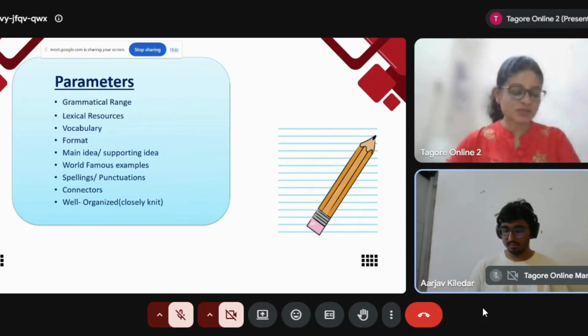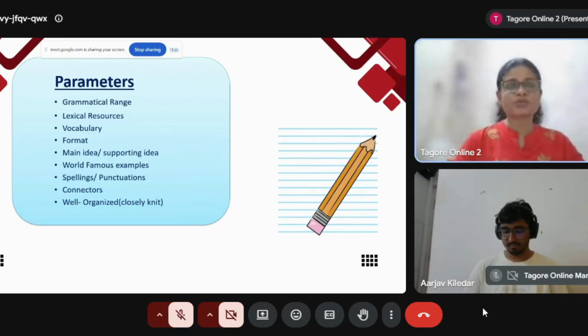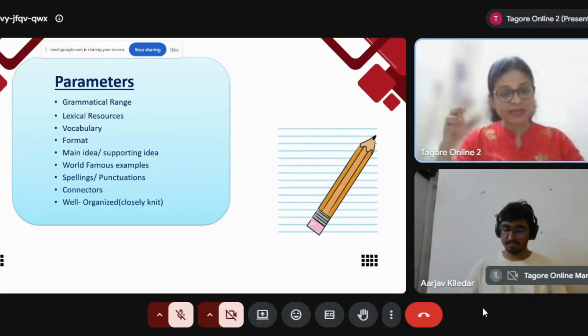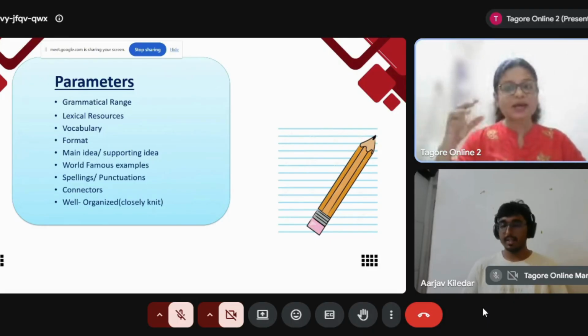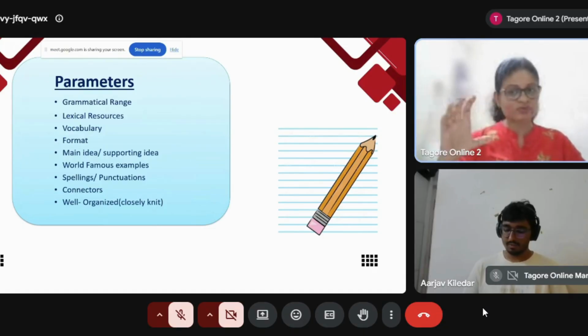Your lexical resource is how well you have understood what is asked, and hence you are able to connect all the points, and bring about a good flow, a connecting flow to the entire understanding of the picture.